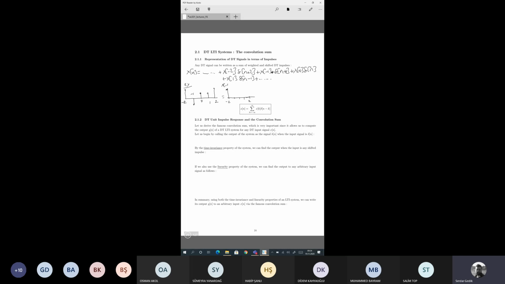This is x of minus 2 impulse of n plus 2. Plus I have the second term. This is nothing but x of minus 1 impulse of n plus 1, plus I have the other term.